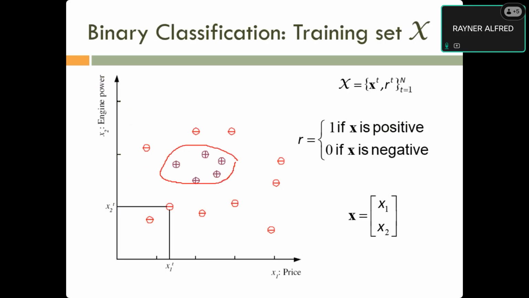So given X, X is the set of data that you use to train. So you want to do classification, one if X is positive, so this is all the positive. Meaning that they belong to family car, and 0 if they are negative. So we have two binary values, 0 or 1. 1 if they are family car.